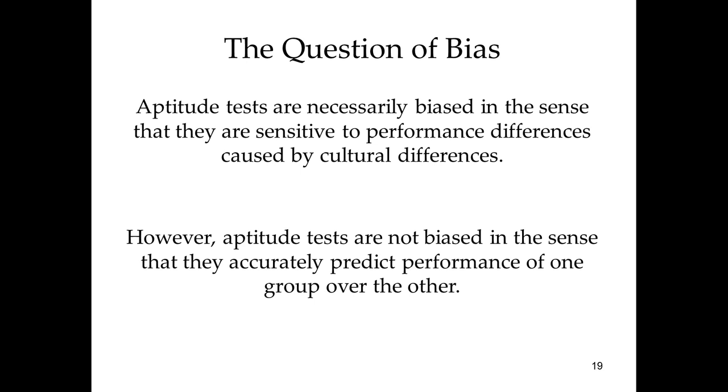Because if you have a test, one of the key things of the test is to say who performs better on the test. If you took a test in a class and it was not biased at all towards intelligence or quality of information, understanding the information, then everybody would score a 100. So tests by their very nature are designed to be biased.